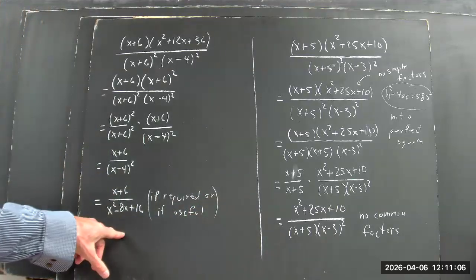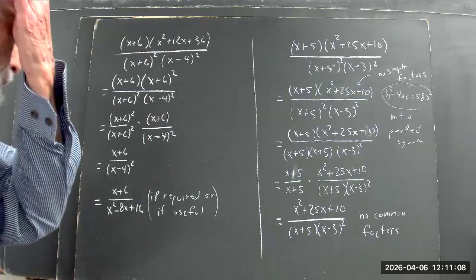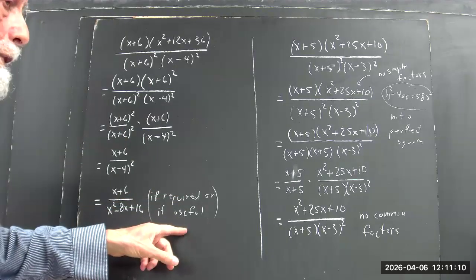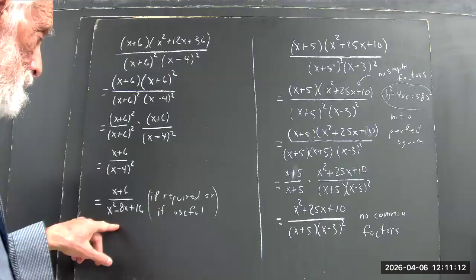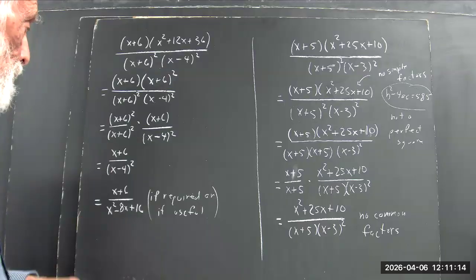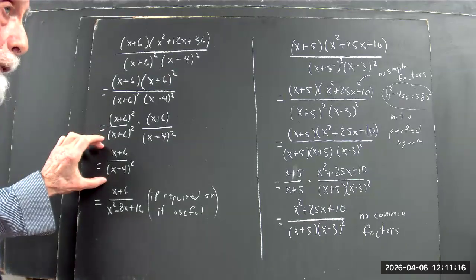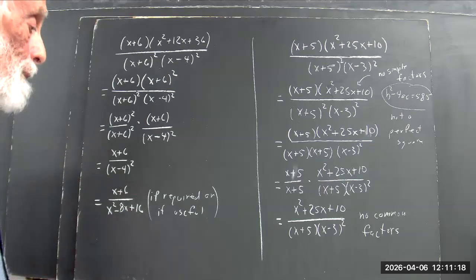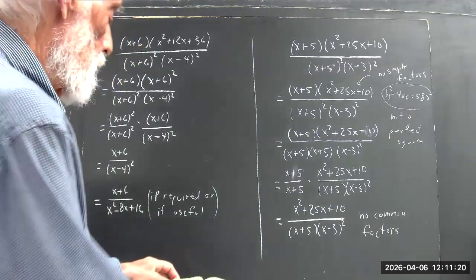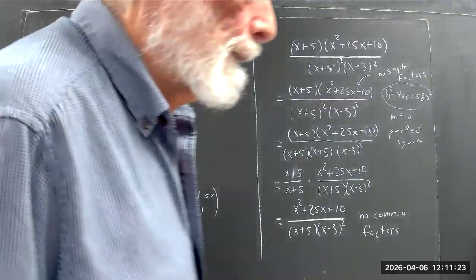I say this step is optional in my class, unless it's required or somehow useful to do the complete expansion, or to keep things in factored form. They're simpler. It's more obvious what the structure of the expression is.